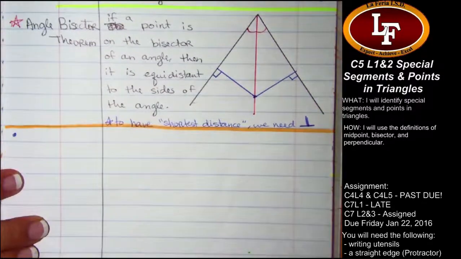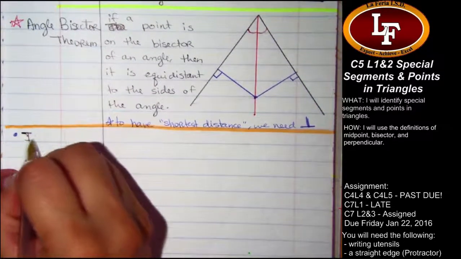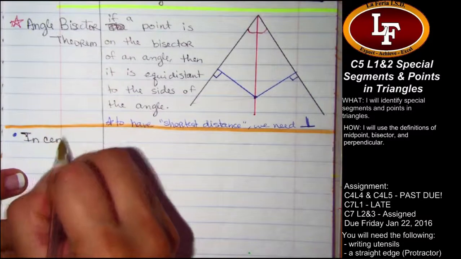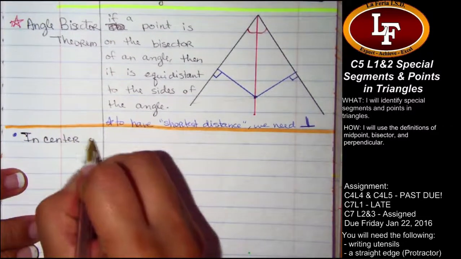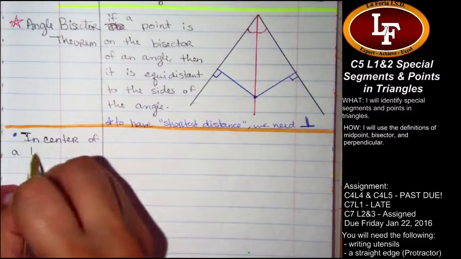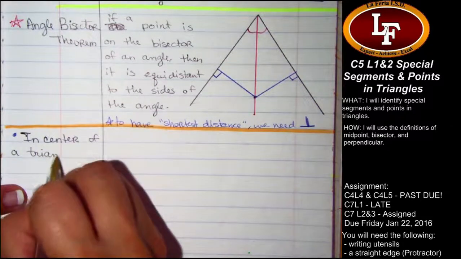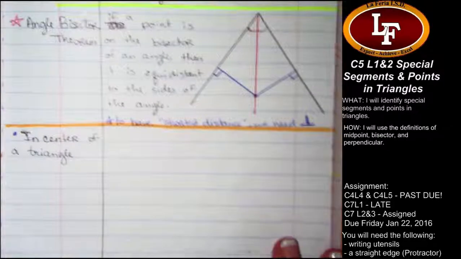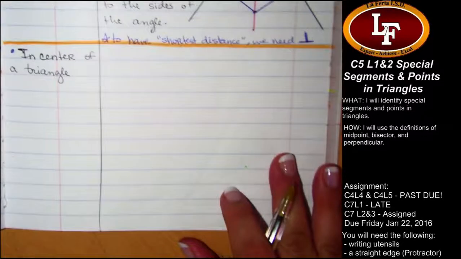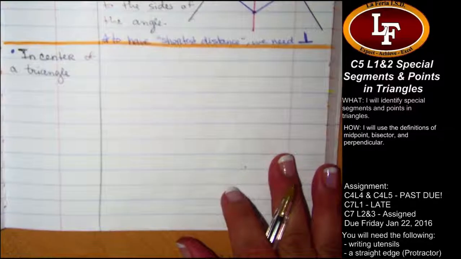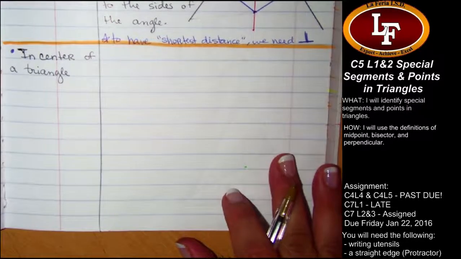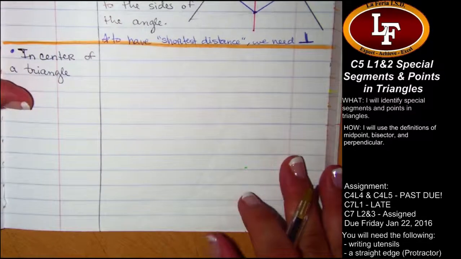We only have 2 more items to cover today. Here is the next new word. It is the incenter of a triangle. The incenter. We just gave you a special segment, and now we're going to give you a special point. Can you guess which segment this one's related to?